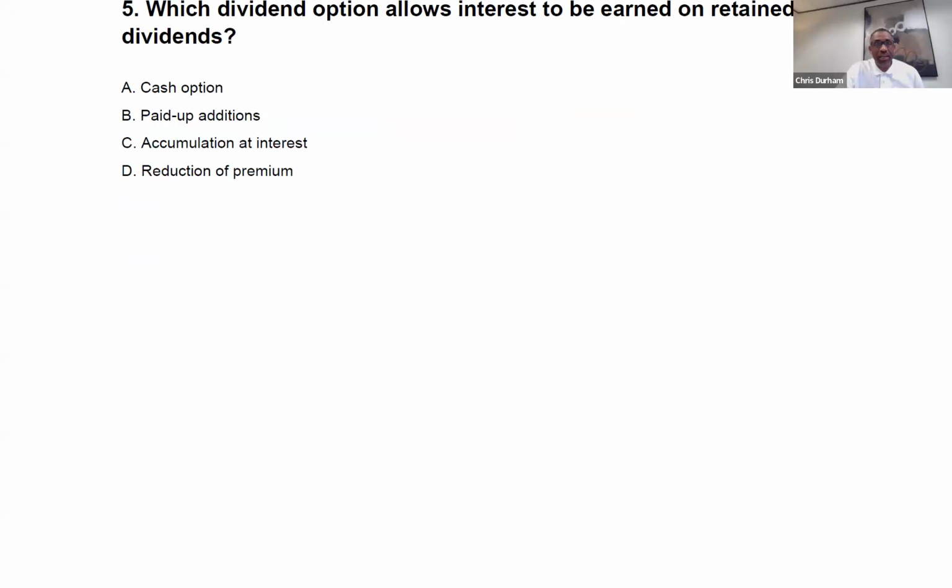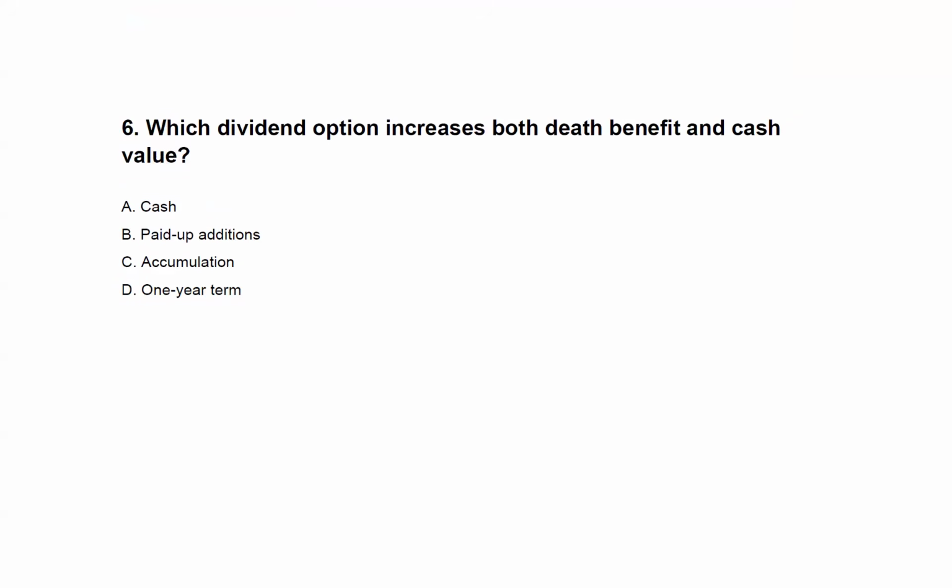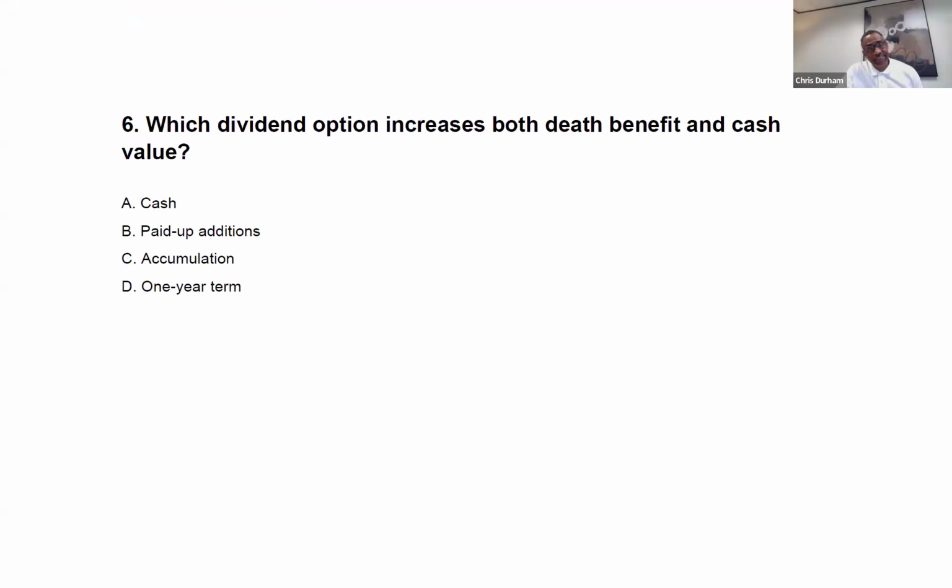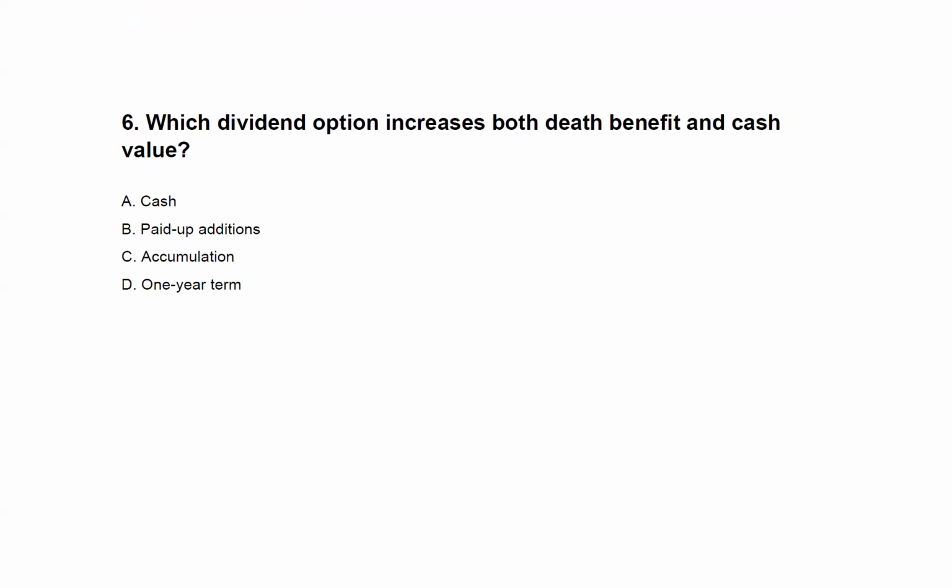All right. Moena, can you hear us? Yes, I can. All right. You pick us up right here, number 6. Which dividend option increases both death benefit and cash value? Paid up additions.